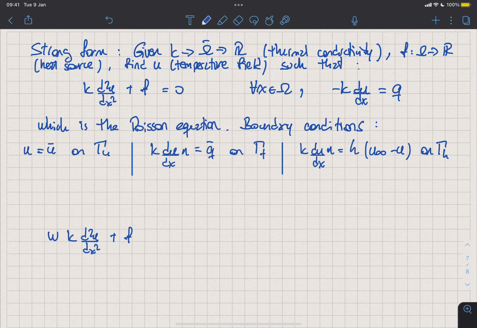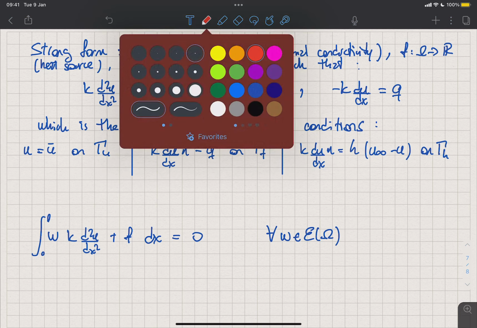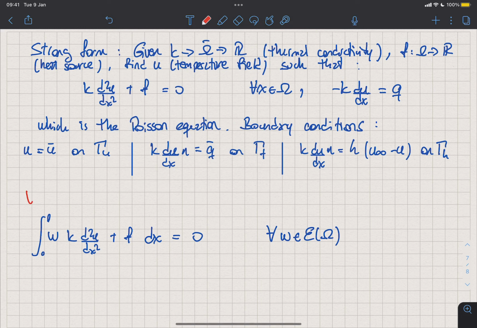I'm gonna weight it with some weight function, and I'm going to integrate, and this is the way we are going to satisfy that equation on average for all w's in some space. And this is, of course, the beginning of our weak form.